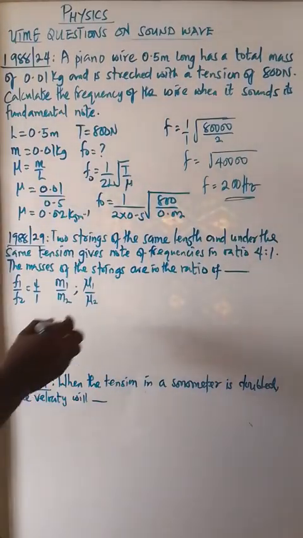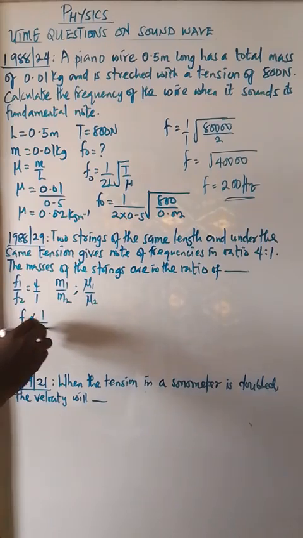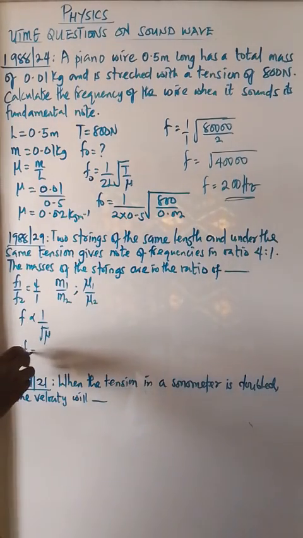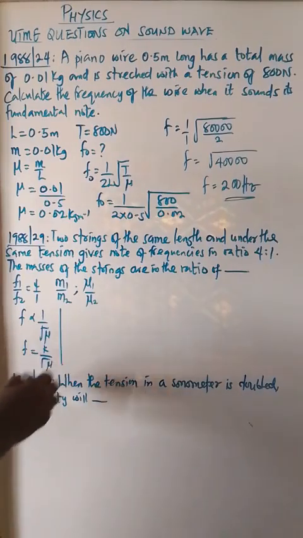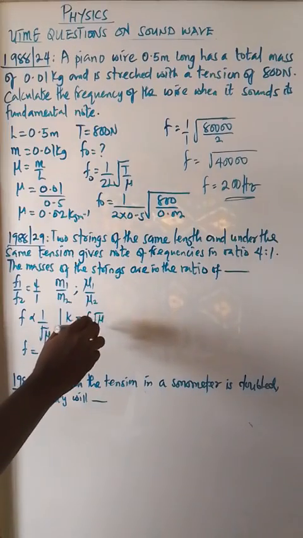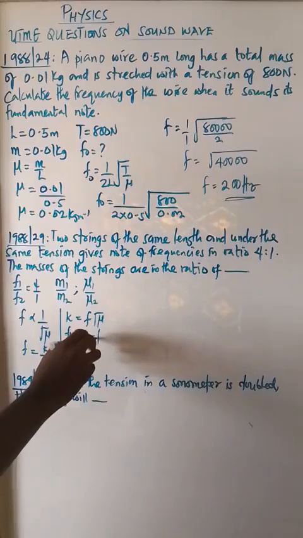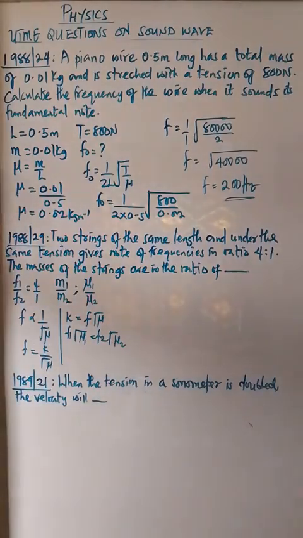And what's the relation? The frequency is inversely proportional to the square root of mass per unit length. So frequency equals k over root mu. Then the constant is frequency times root mu. So we can say F1 root mu1 equals F2 root mu2. Since our aim is to get mu1 over mu2, we can square both sides.